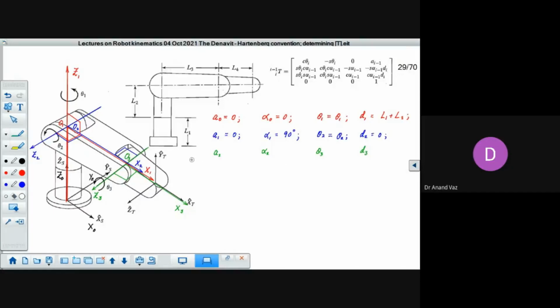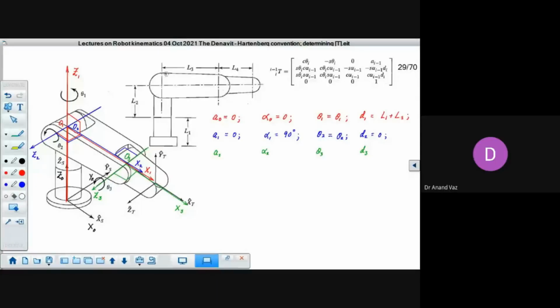Now, what is a2? It's given as L3. Yeah, you're right. This is L3.